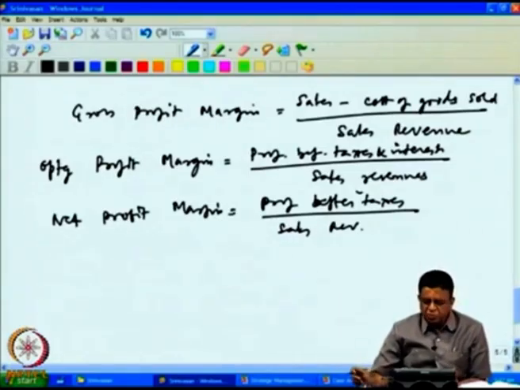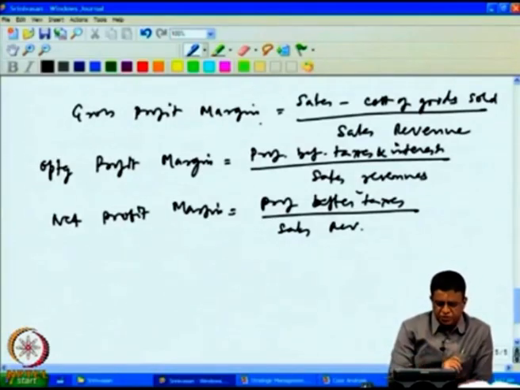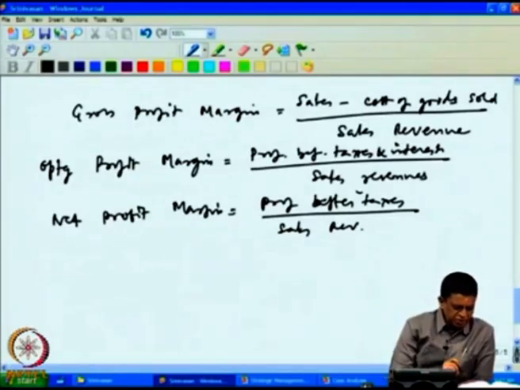So, both. This is the type of implications each one of these ratios has: gross profit margin, operating profit margin, net profit margin.